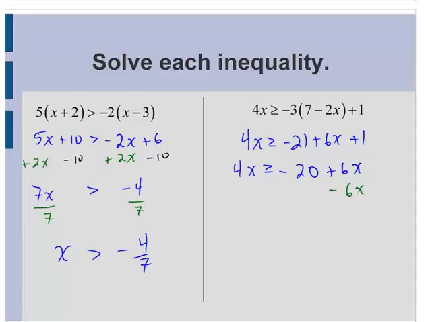So I'll subtract the 6x from both sides, yielding negative 2x is greater than or equal to negative 20. I'll divide by negative 2 to isolate the x. And since I divided by negative 2, I must flip the symbol of inequality. And so therefore x is less than or equal to 10.